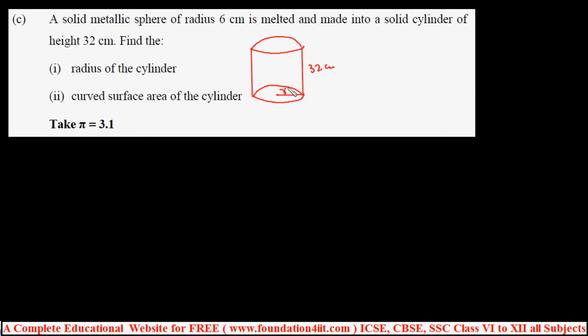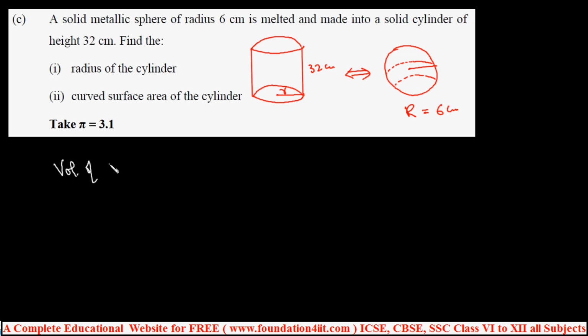Radius we need to find out. Let it be smaller r. This volume is exactly equal to the volume of the sphere, right? For this radius, let it be capital R. This is given as 6 centimeters. So volume of the cylinder is equal to volume of the sphere. So we can solve in that way.